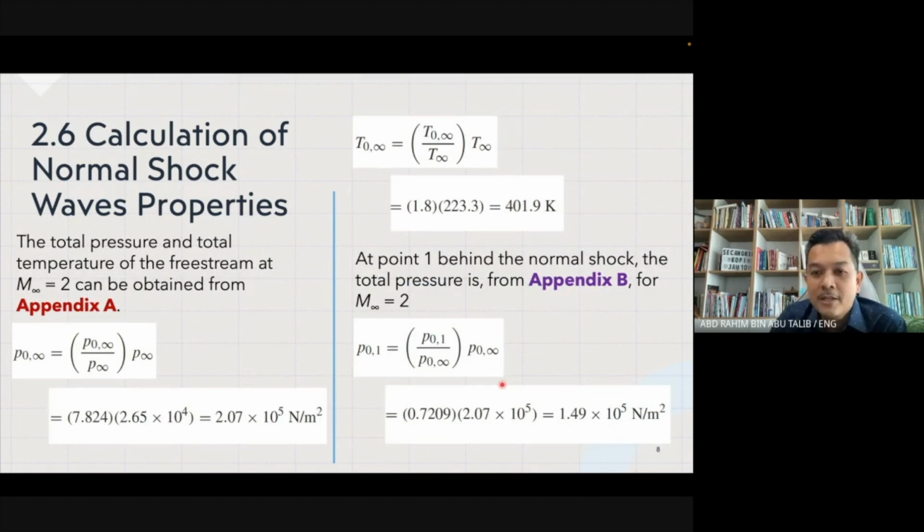At point 1, behind the normal shock, the total pressure from Appendix B, by using the same expression, gives P0 1 over P0 infinity to be 0.2709.